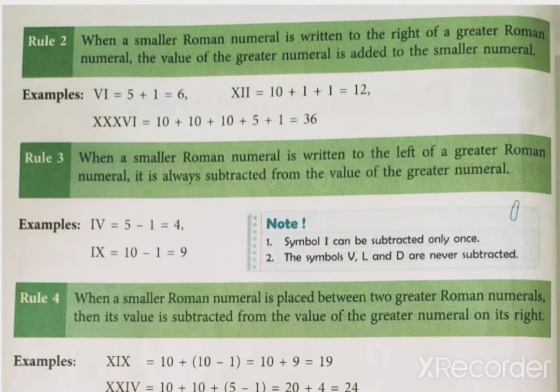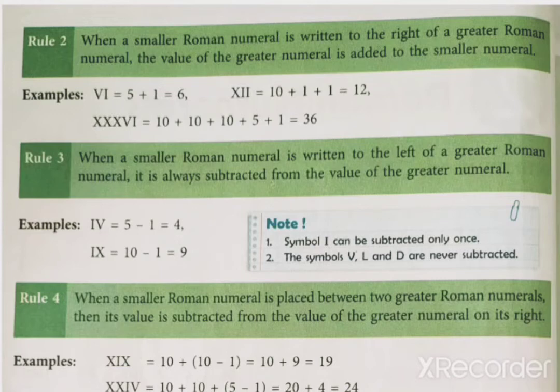Rule 4: when a smaller Roman numeral is placed between two greater Roman numerals, then its value is subtracted from the value of the greater numeral on its right. For example, 19: XX adds the 10 and 10, the greater numerals, and I is the smaller number.